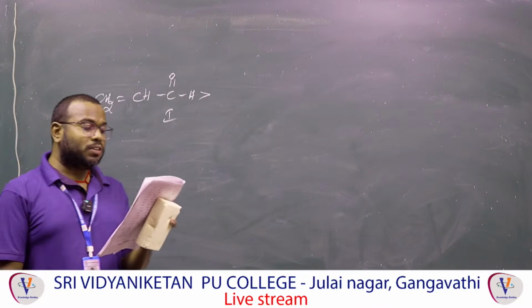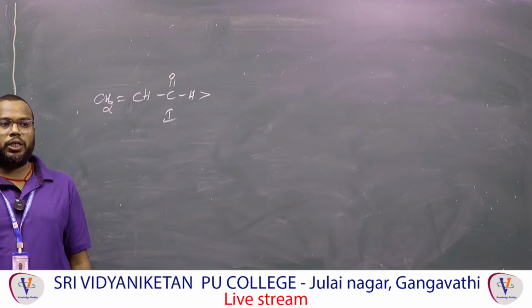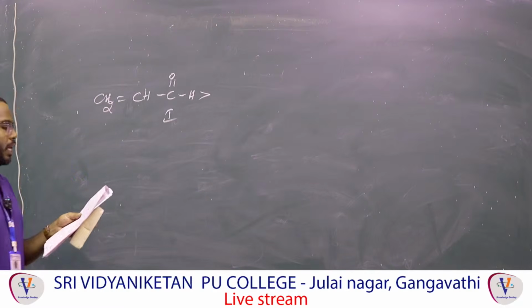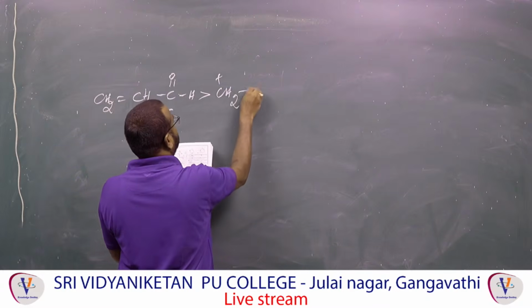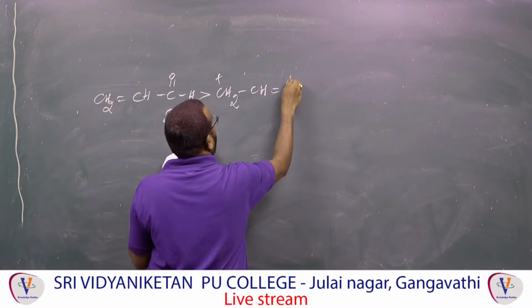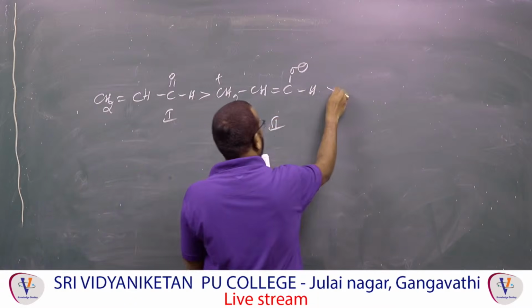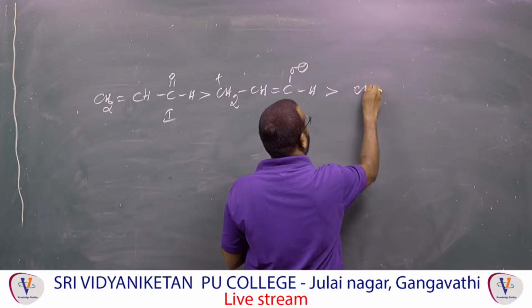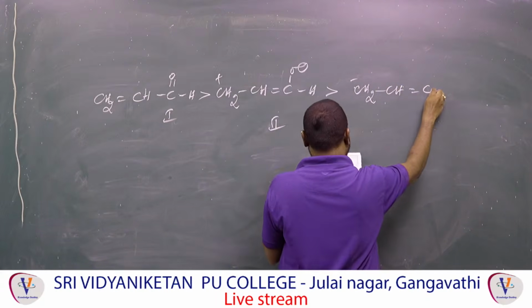Then in the remaining two structures, the one with the negative charge on the electronegative atom is more stable. Therefore 2 is more stable. Therefore CH2 plus CH double bond CO minus H is more stable. Then the positive charge on oxygen makes this the least stable structure.